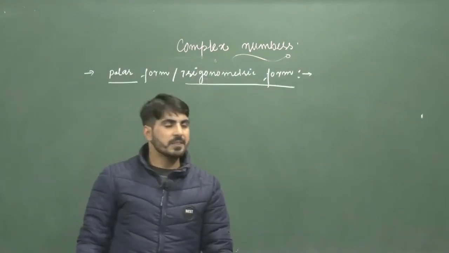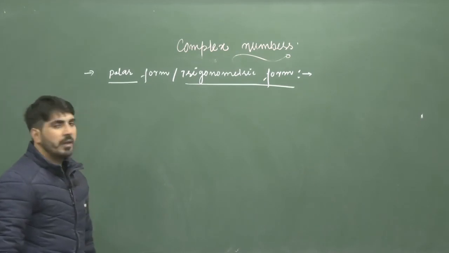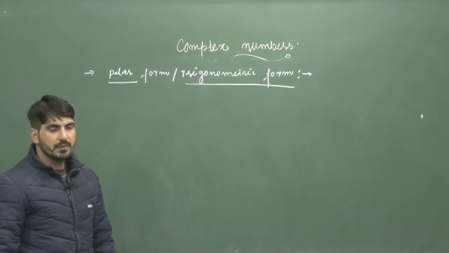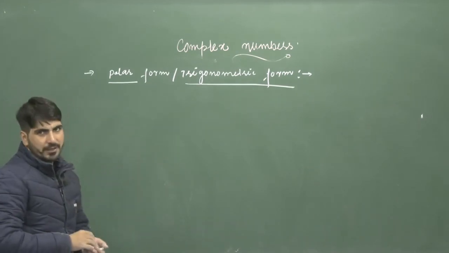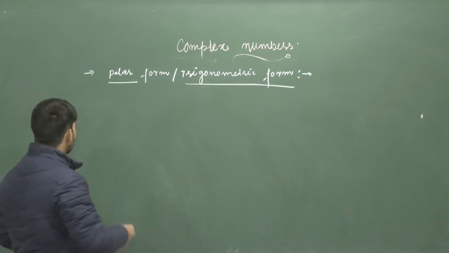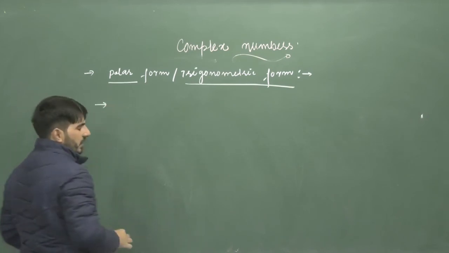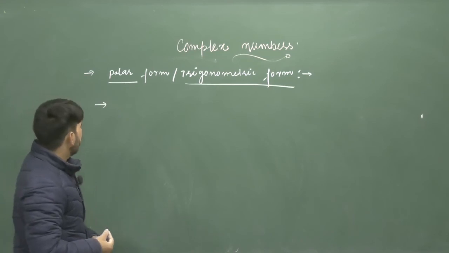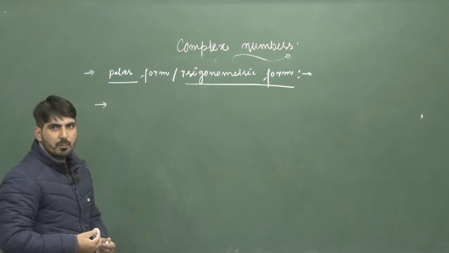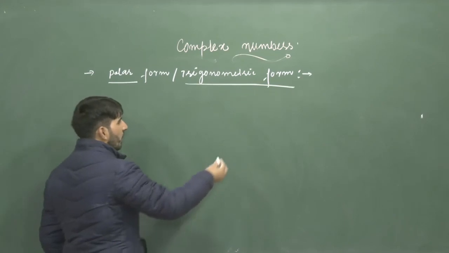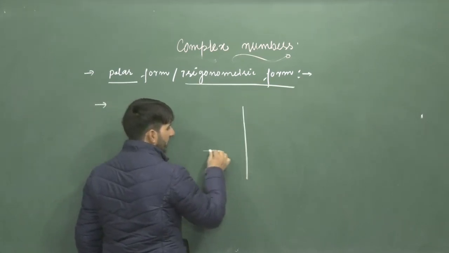Now, we will discuss here the polar or trigonometric form of a complex number. So what is the polar or trigonometric form of a complex number? As we discussed earlier, an ordered pair in the Argand plane represents a complex number. So x comma y in the Argand plane is a complex number.